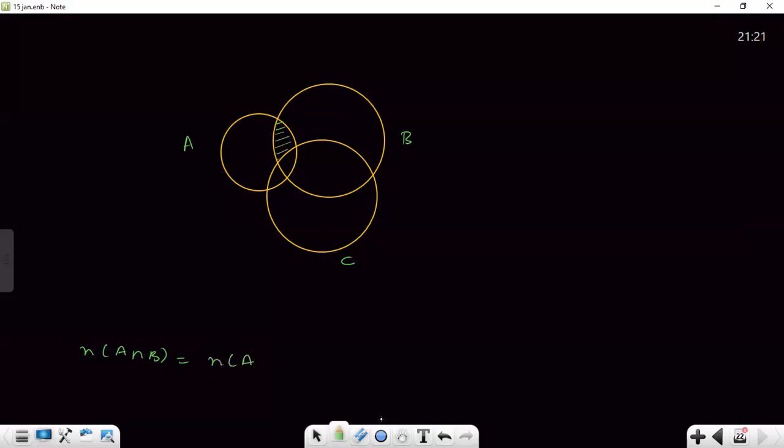Number of elements in, sorry, I should not write this. Should write number of elements in A and B only. Only means that those elements should be in these two sets only. So the number of elements that are common in both, excluding this area that is common in all three sets.